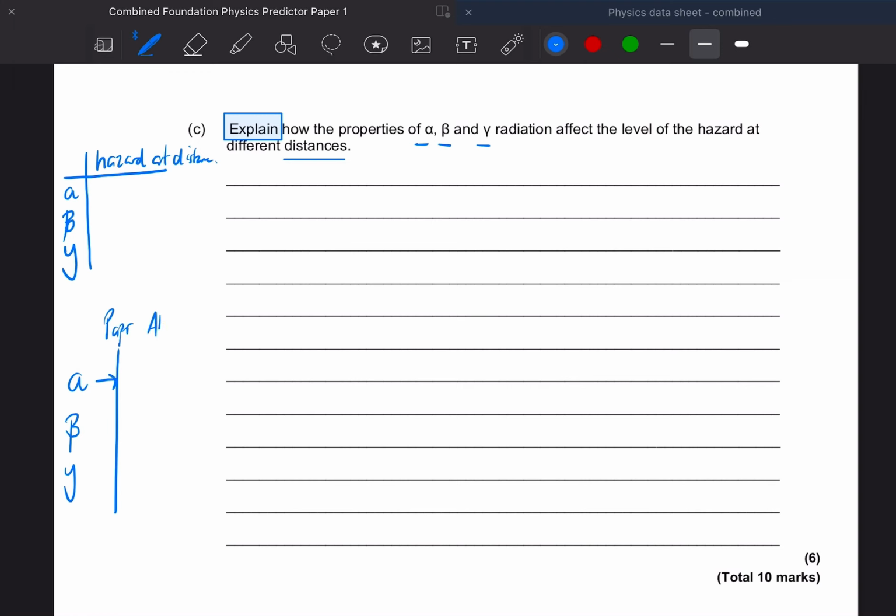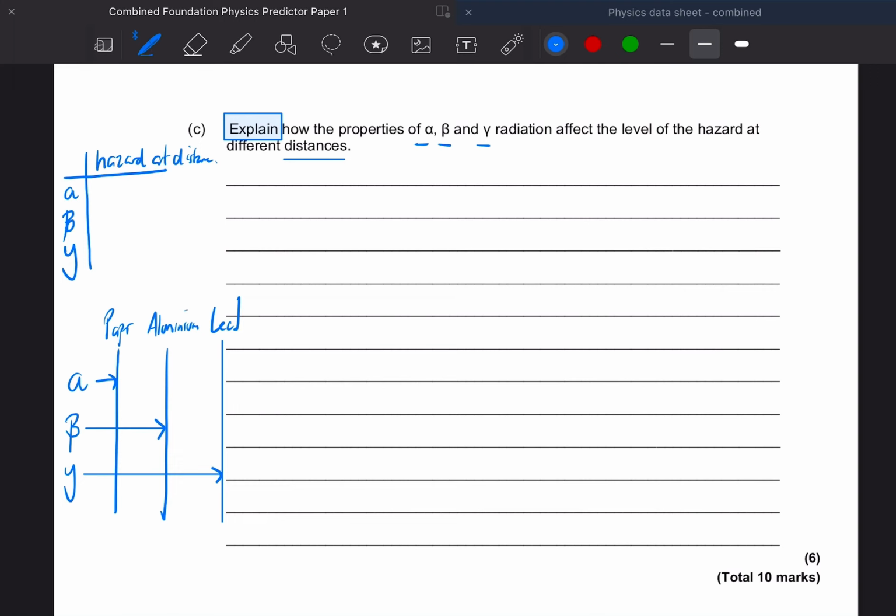The next one is aluminium, and we show that the alpha doesn't even get through the aluminium, and the beta goes through the paper but is stopped by the aluminium. And then we have lead, and we see that the gamma goes all the way through those, and is eventually stopped by the lead, even though some may get through. And this is what we talk about as penetrating. So how far they can travel before they are stopped.